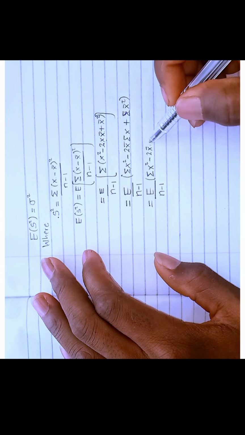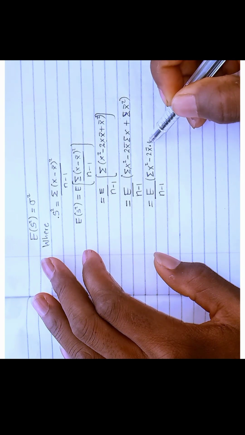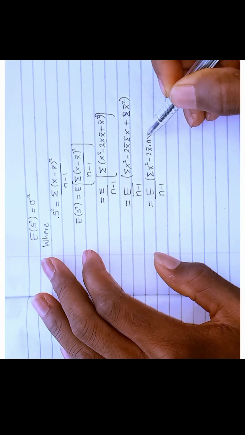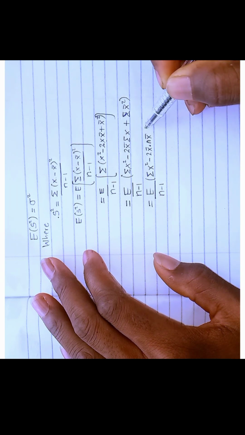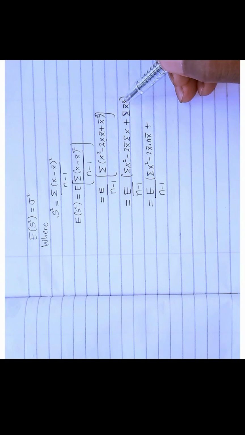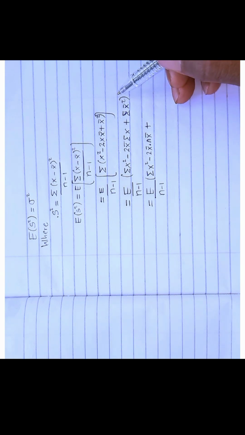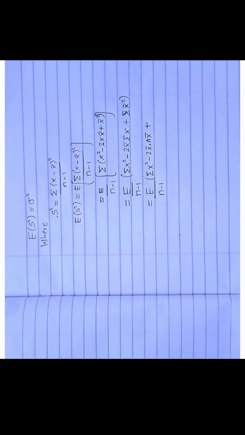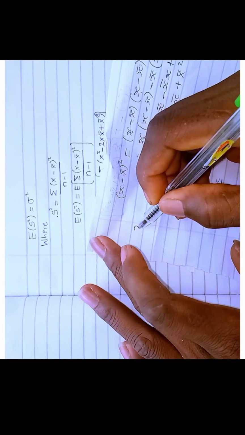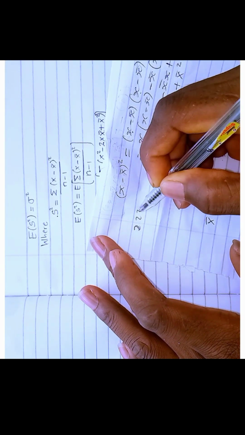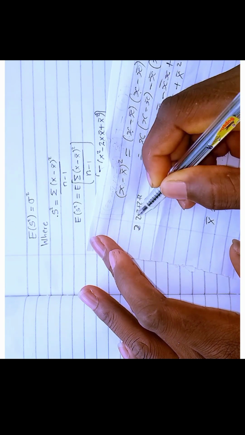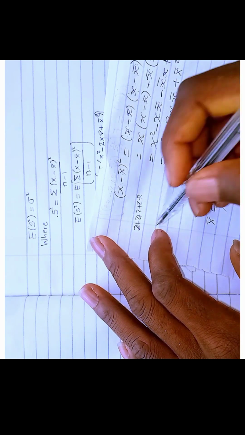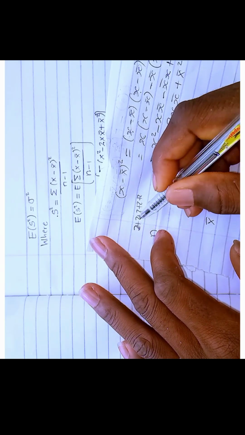So now, multiplying it by n x bar, plus, here this x bar is the mean, and we know that it is actually a constant. If you are summing a lot of constants, let's say we have 2, it will be the number of that constant: 1, 2, 3, 4, 5.